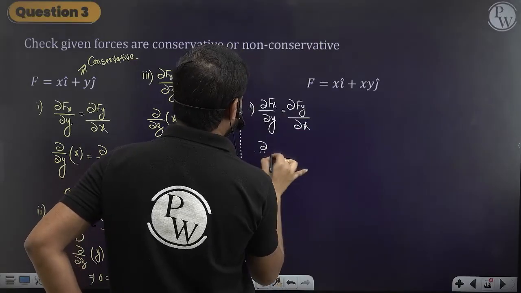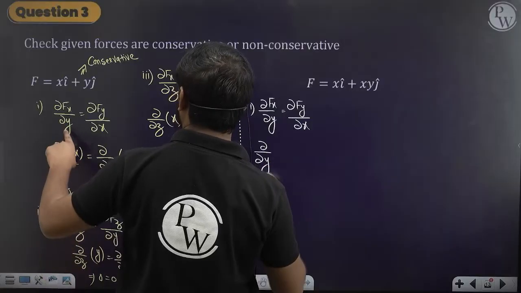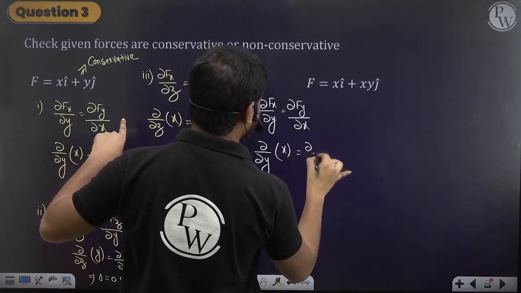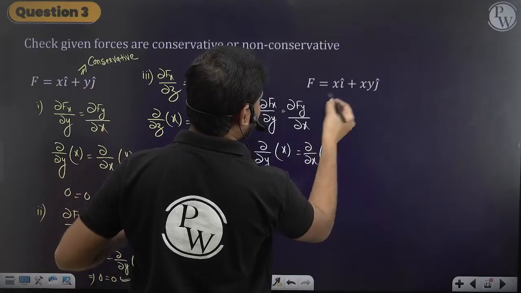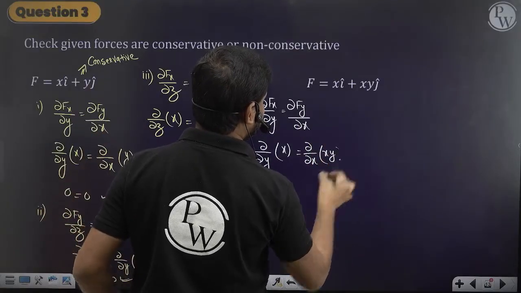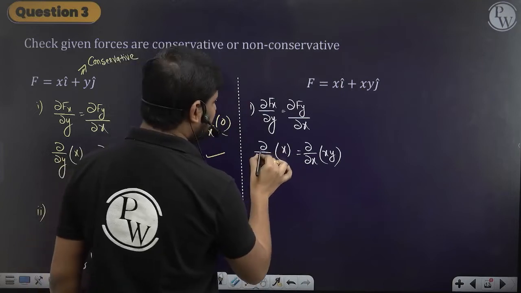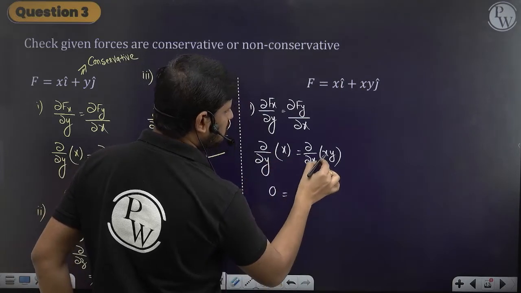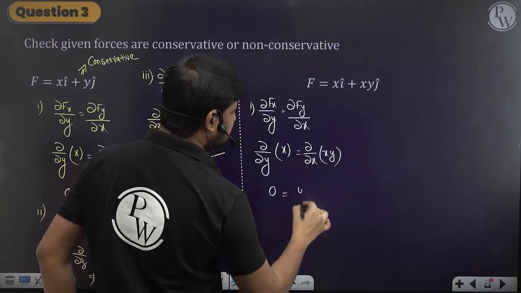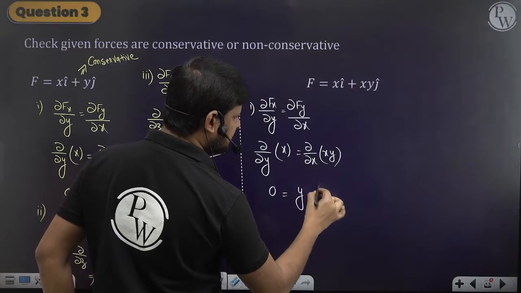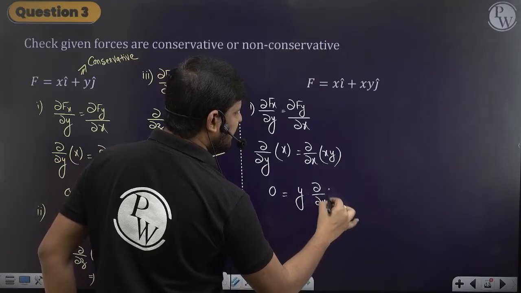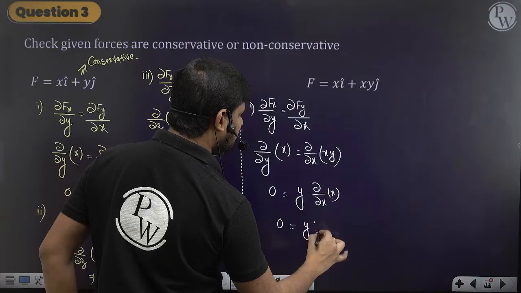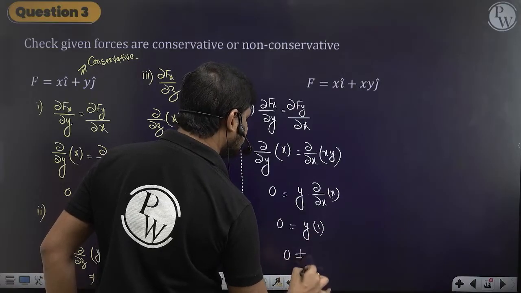So ∂/∂y of Fx, what is Fx? x. Equals ∂/∂x of Fy, what is the force in y? xy, right? The differentiation of x with respect to y is 0, and on the right y is a constant which comes out, and ∂x/∂x is 1. So 0 equals y into 1. That means 0 is not equal to y.